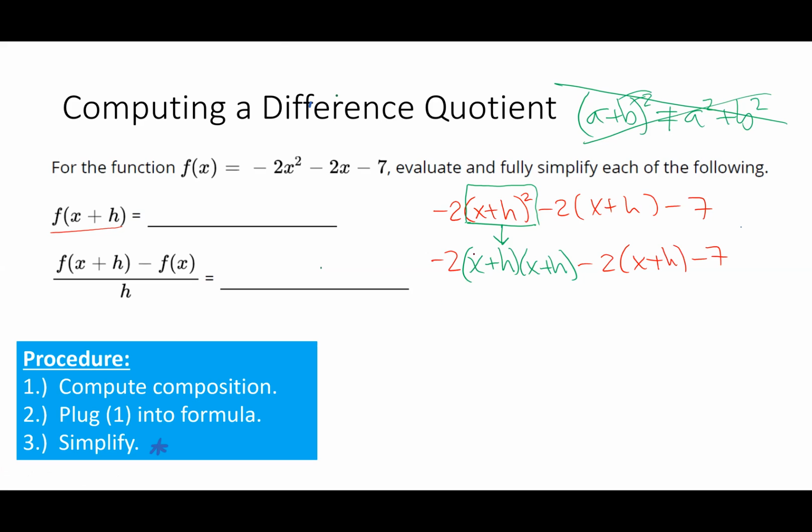So now we're going to use FOIL. So we get -2, and then x times x is x squared plus xh plus hx plus h squared. And then why not? We'll go ahead and distribute this. Now, these collect up because they are the same.